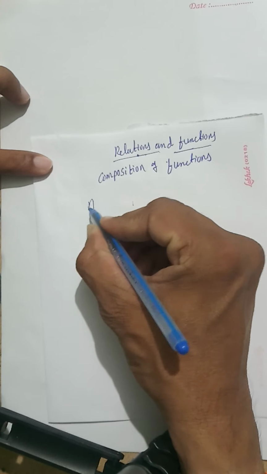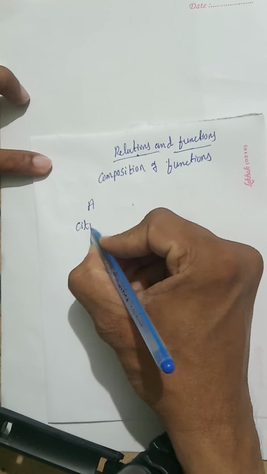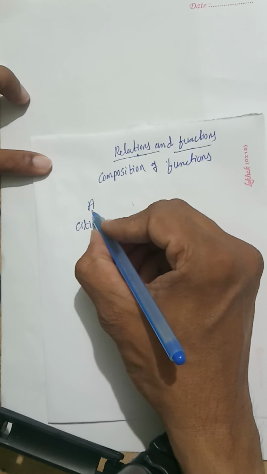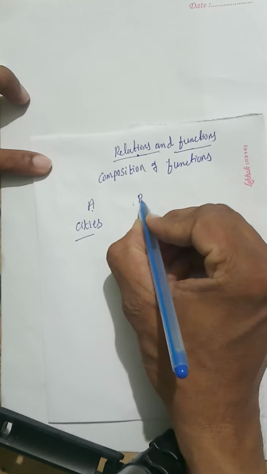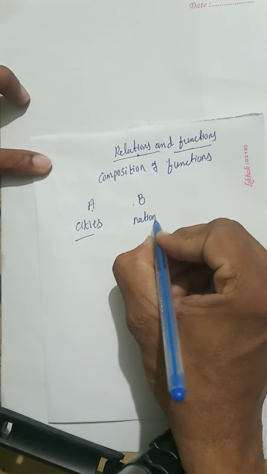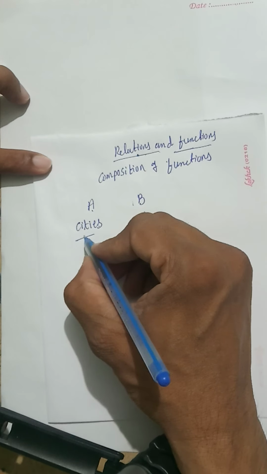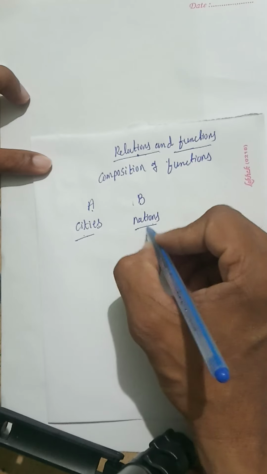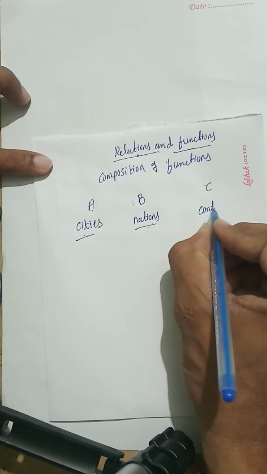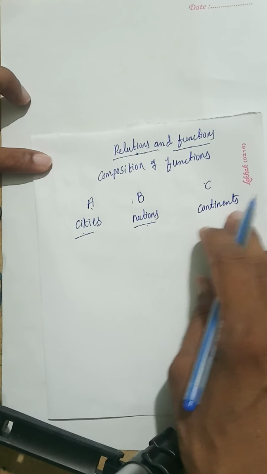Set A contains some cities, set B contains nations, the names of the nations, and set C contains continents, the names of the continents.